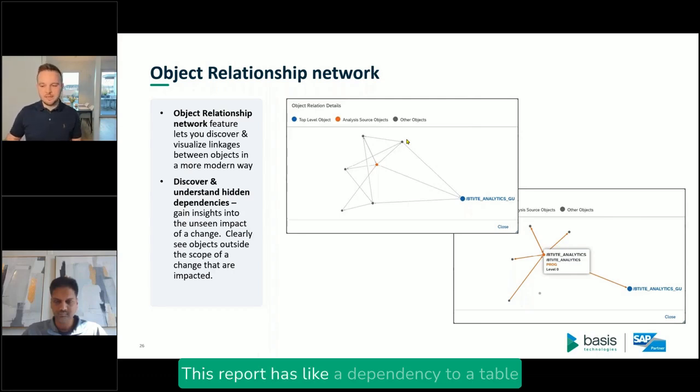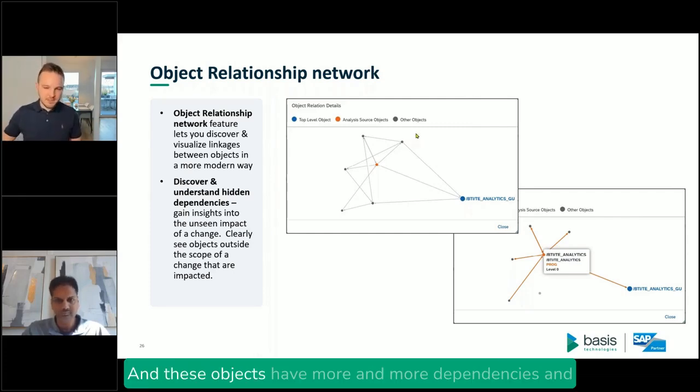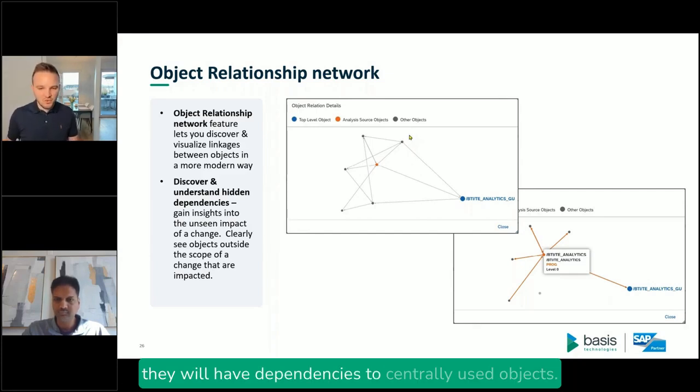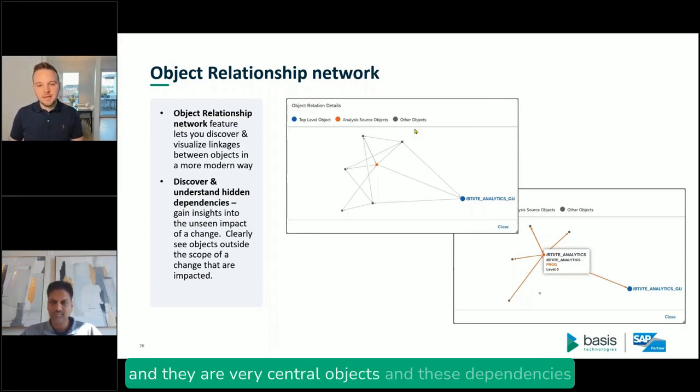This report has a dependency to a table or, I don't know, a view or whatever. And these objects have more and more dependencies, and they will have dependencies to centrally used objects. So some objects are used by a whole bunch of transactions, and they are very central objects. And these dependencies can be discovered with that object relationship network.